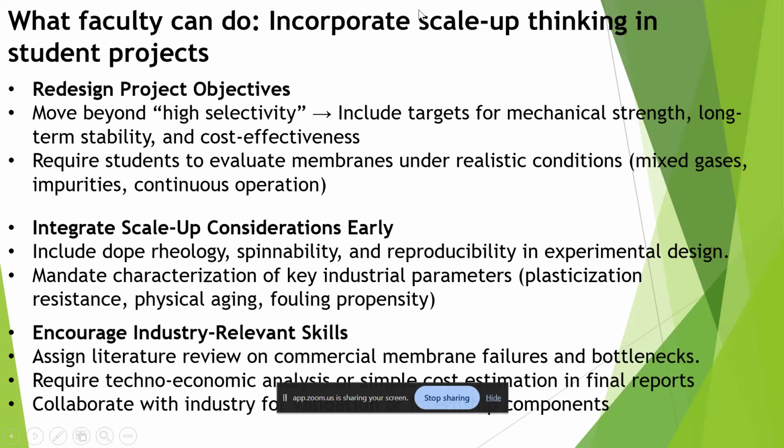In that way, the approach to doing the work can be more beneficial to the people who are conducting the work, as well as to the industry, and there will be a connect between the academy and the industry.